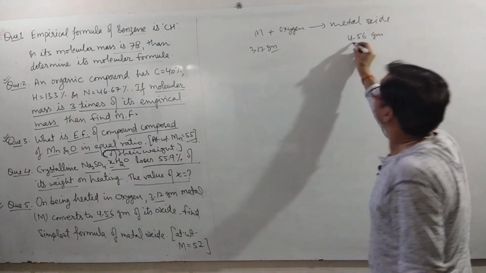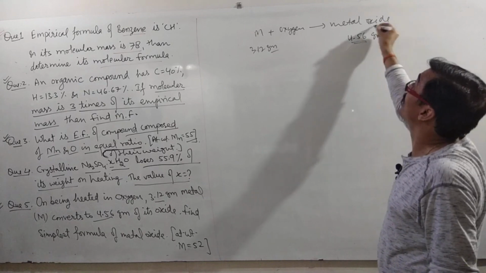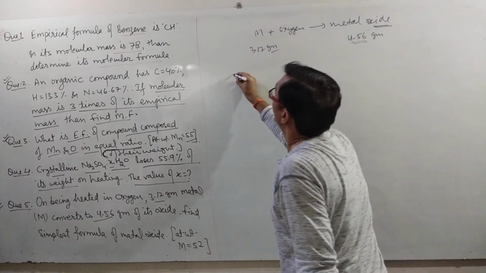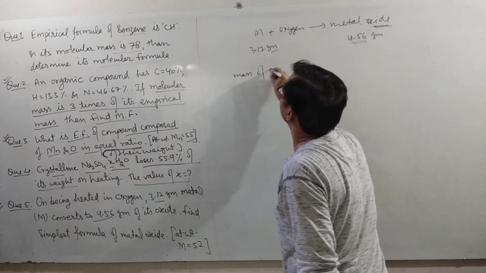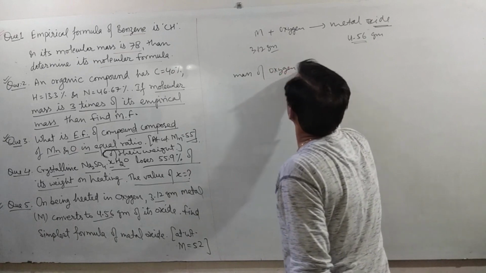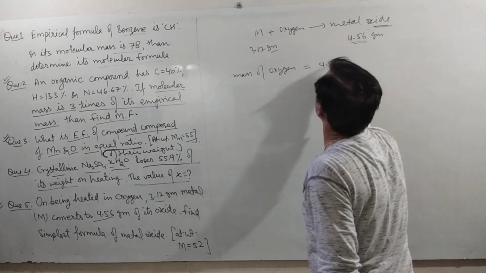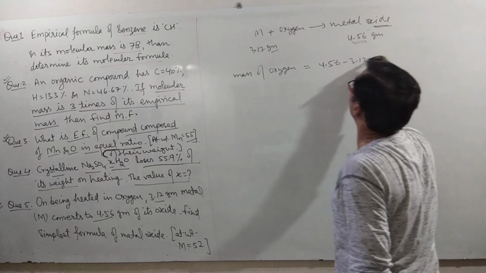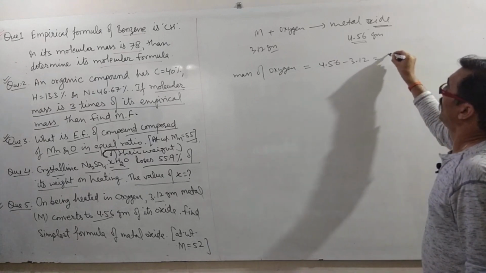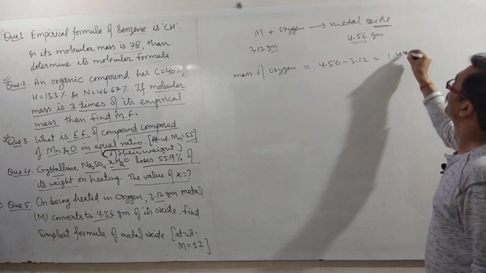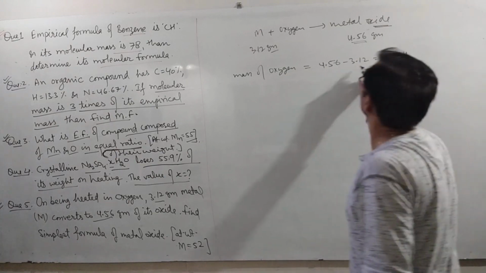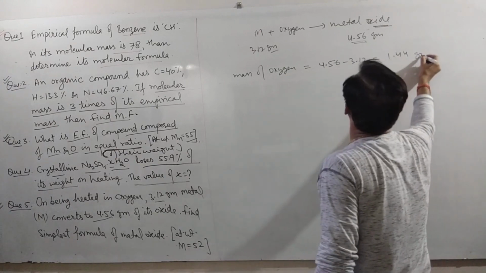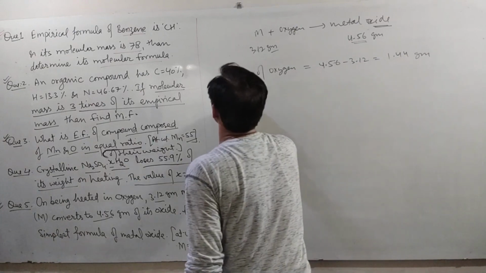So this mass is increased due to the addition of oxygen. That is why the mass of oxygen is 4.56 minus 3.12, which is 1.44 gram.